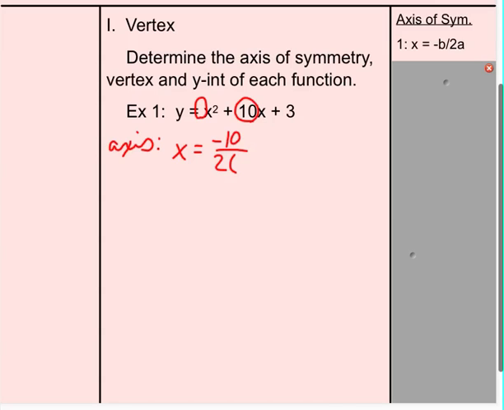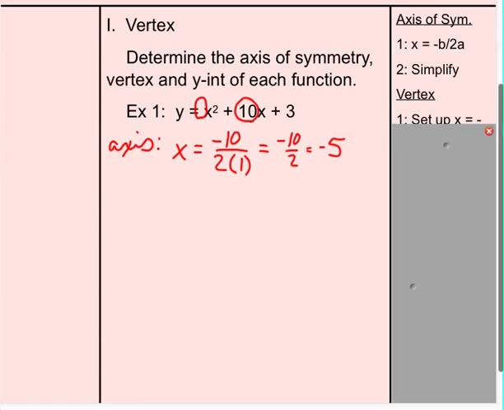Remember, if you don't see something, we're multiplying by 1, because that's the only value that won't change what we started with. So we've got negative 10 divided by 2, or negative 5. So that's the equation for the axis of symmetry. And then we, of course, simplified that expression.